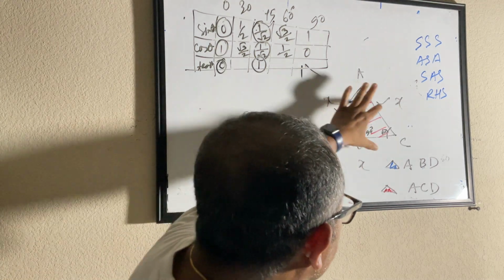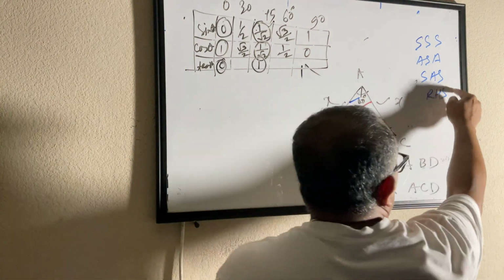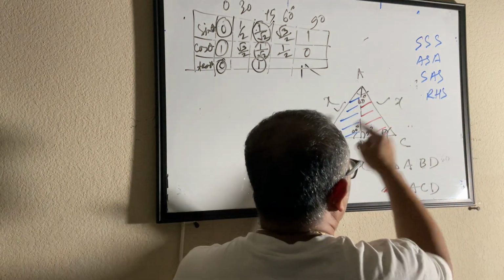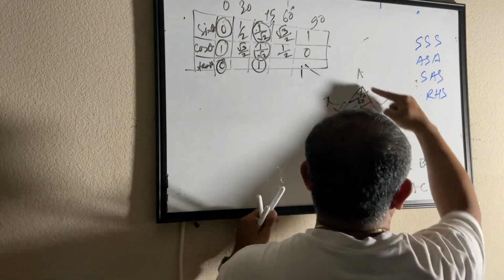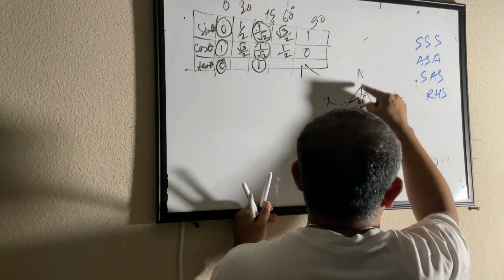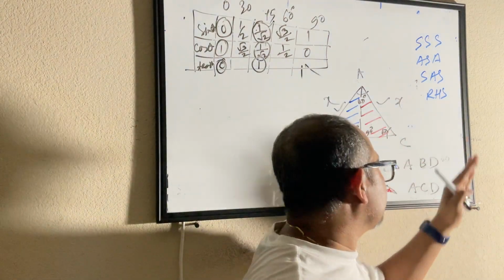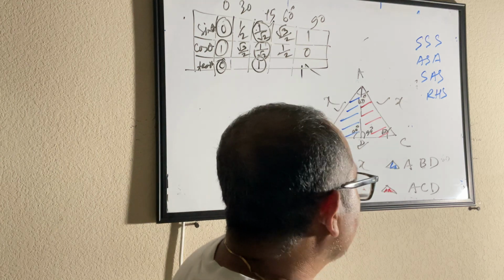I am saying these are congruent because of the congruence theorem RHS. When you have two right angle triangles, the hypotenuse match, this and this match, and then one of the sides matches. And this side is anyways common. So it's a common side for both the triangles. So these two triangles are congruent.